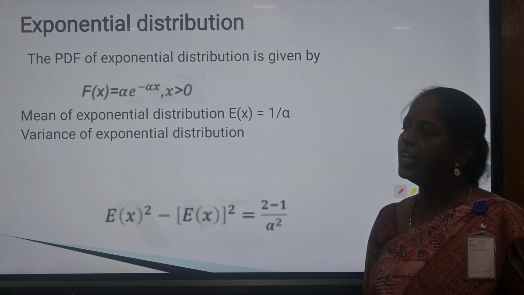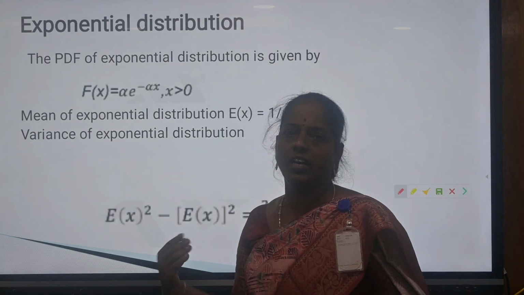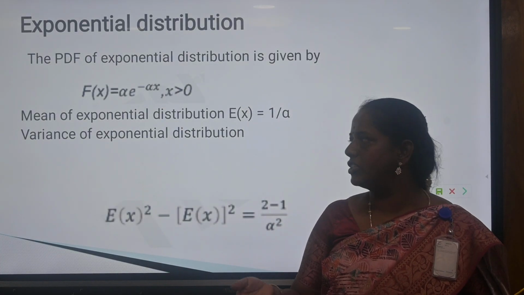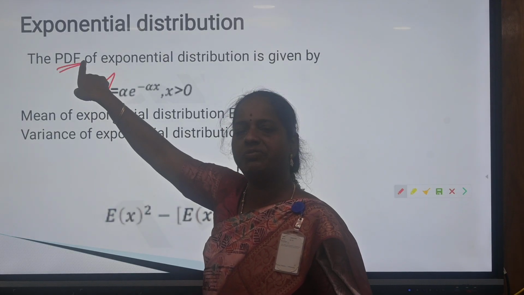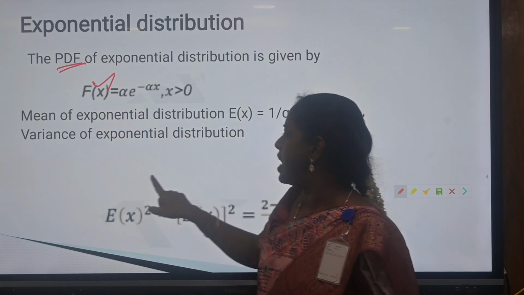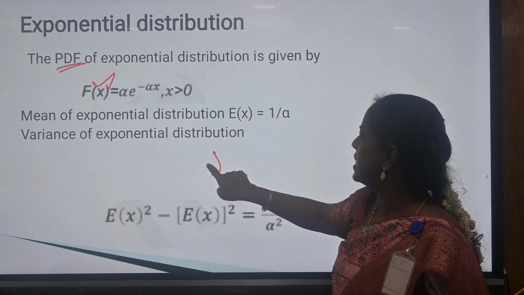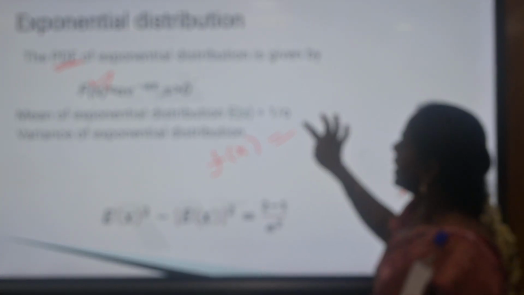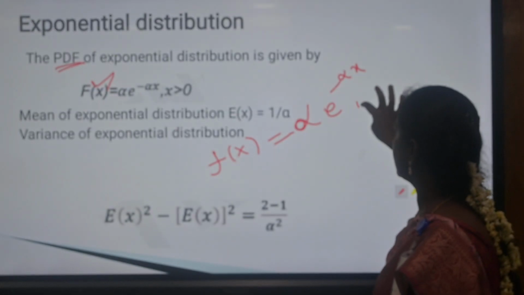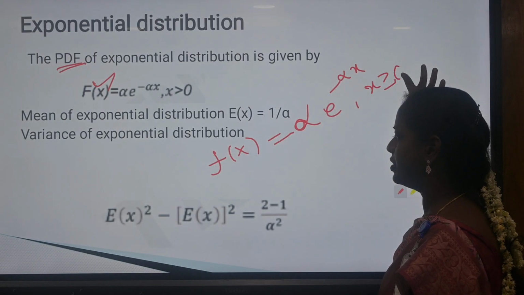Exponential distribution. The exponential distribution is also a continuous random variable distribution. Therefore, the f of x function is a probability density function, and it satisfies the two conditions. The probability density function of the exponential distribution is alpha into e power minus alpha x, for x greater than or equal to 0.